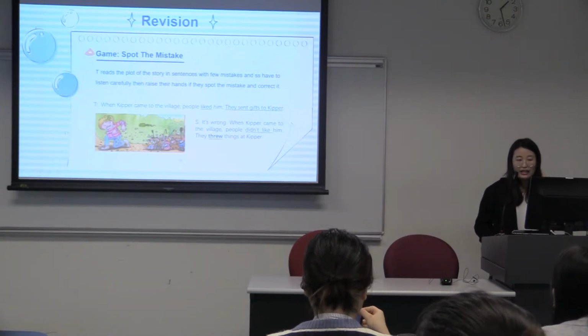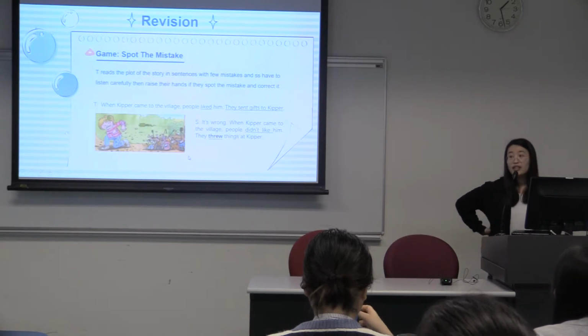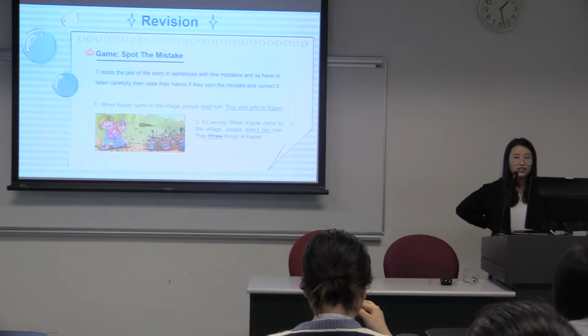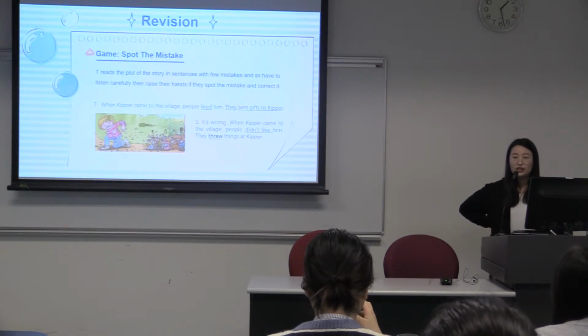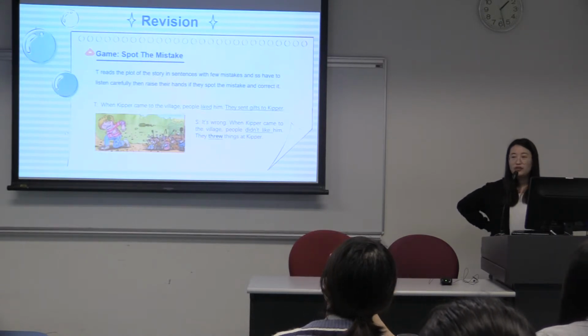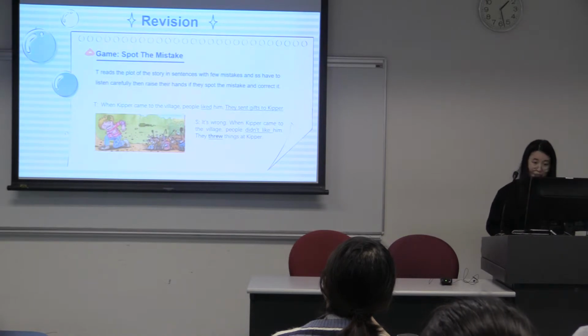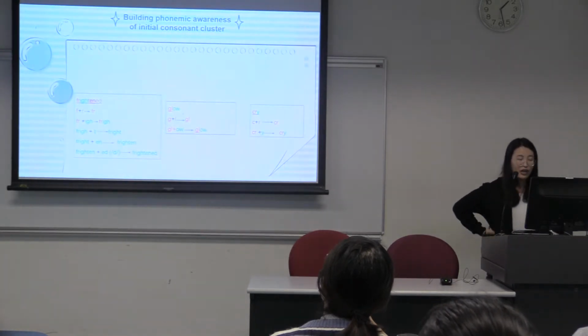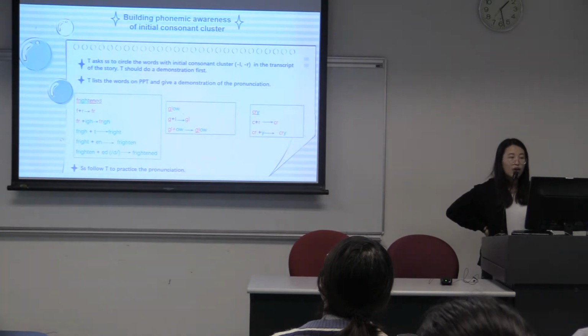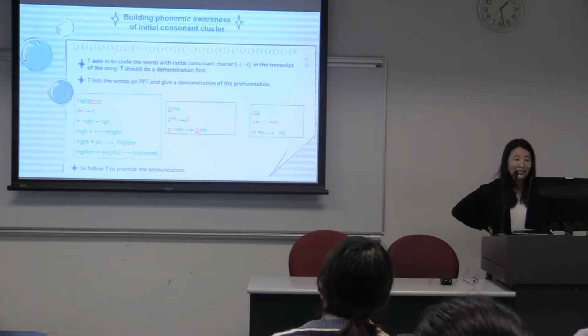So for examples, shown here. Here we try to help students recall the contents of the story and to elicit some target words from students. And then we want to further build students' phonemic awareness of initial consonant letter clusters.